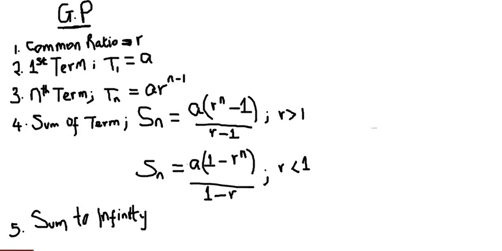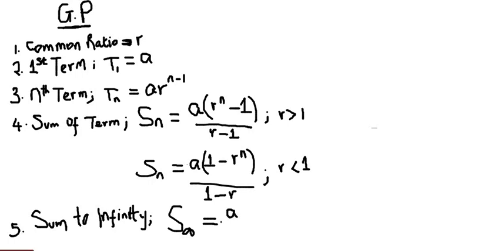The sum to infinity is written as S to infinity, and when r becomes increasingly small, the numerator is approaching 1, which means we'll just remain with the first term as the numerator of our fraction.